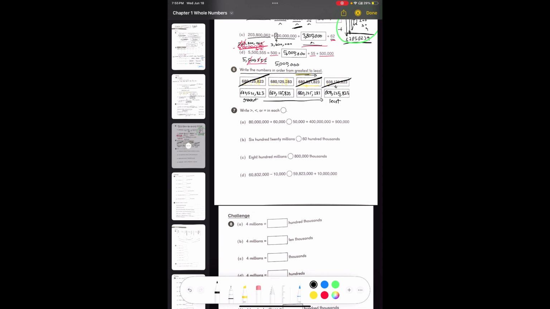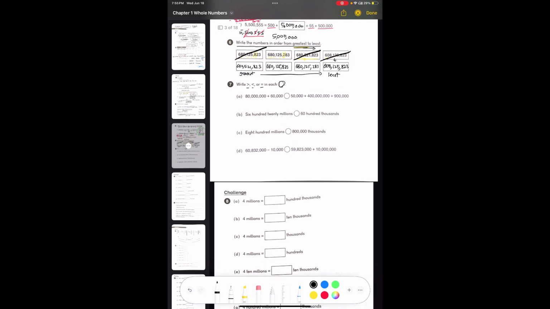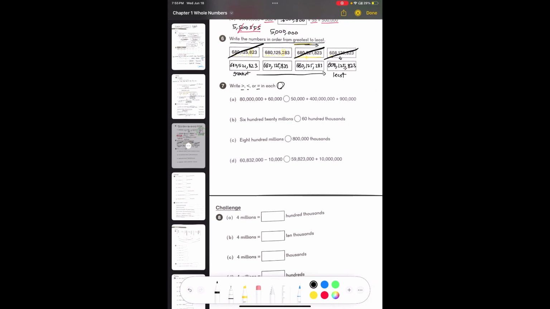Now the next question is to write greater than, less than, or equal to in each of these weird circle things. So what we want to do is look at both numbers here. We have 80 million and 60,000. Alright, so we have 50,000, 400 million and 900,000. So I already know I don't need to add 60,000 here, or 900,000 here and 50,000 here, because this already has 400 million.